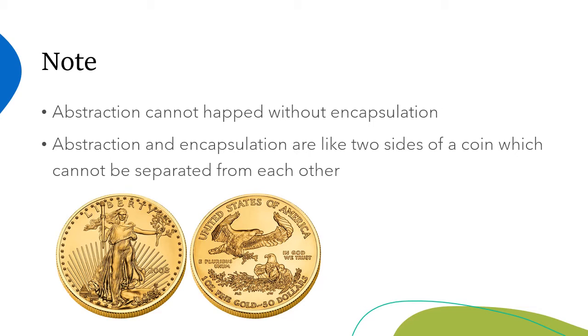For example, in the case of that capsule, that capsule is hiding the medicine. If we don't have that capsule, we cannot hide. So in a similar way, encapsulation is giving you that body, that structure, which will hide the data, right?